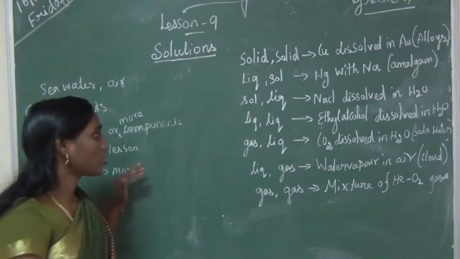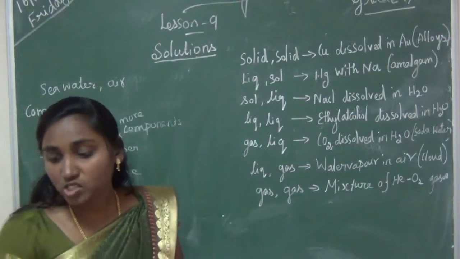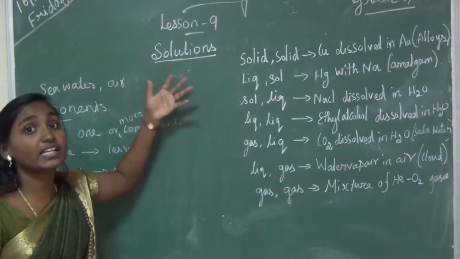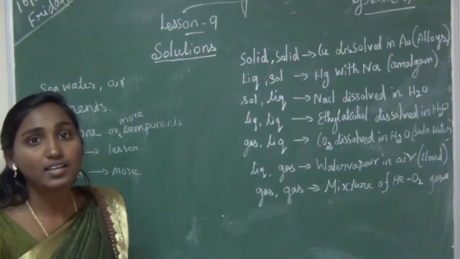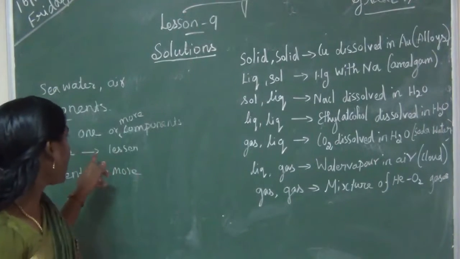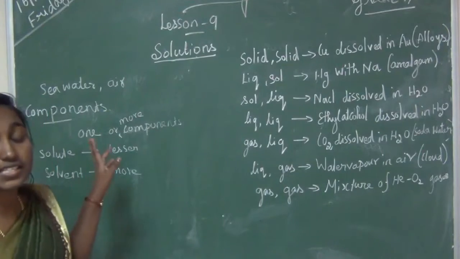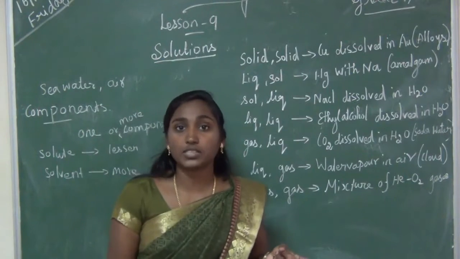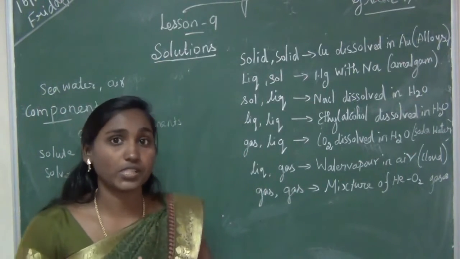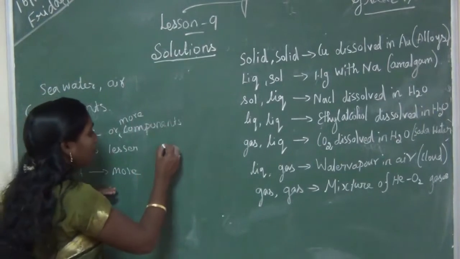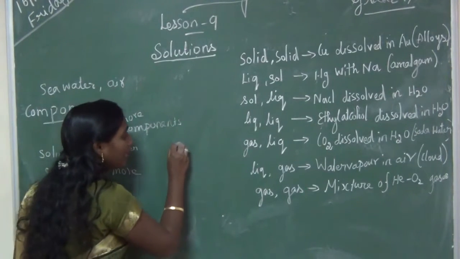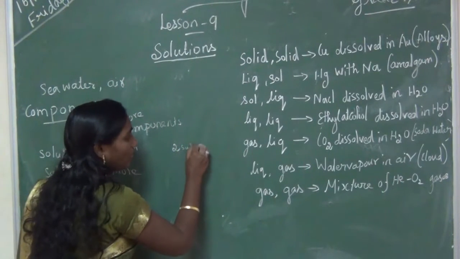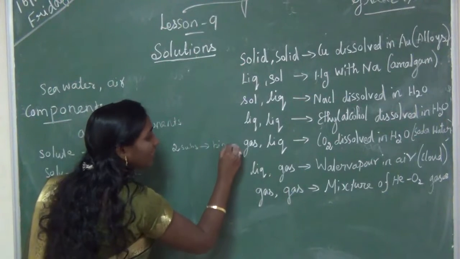Next we are going to study how solutions are classified based on physical and chemical properties. Based on the solute and the solvent, solutions are classified into two types: binary solution and ternary solution. A solution that contains two substances is called a binary solution.